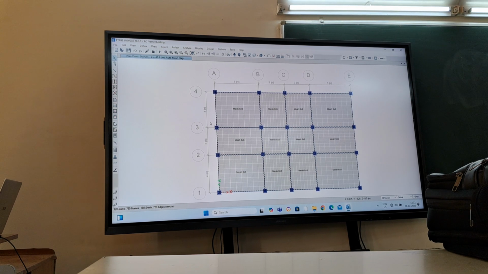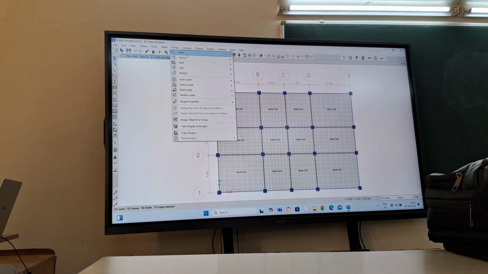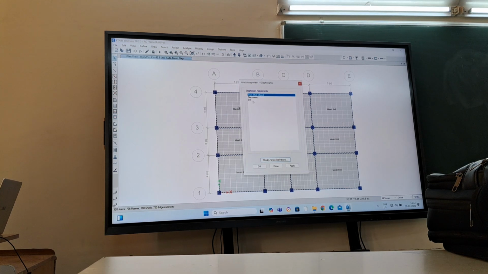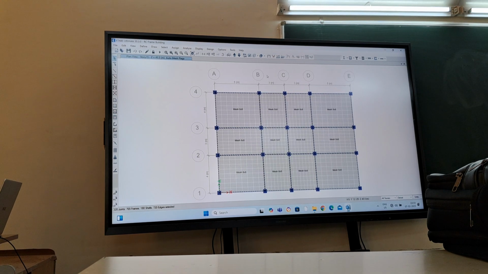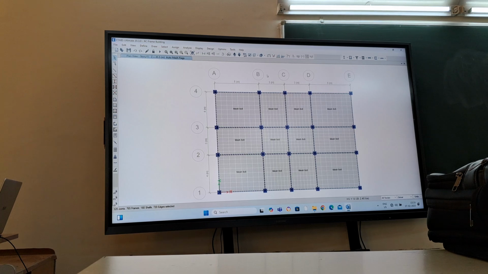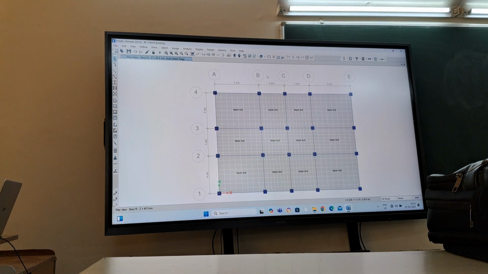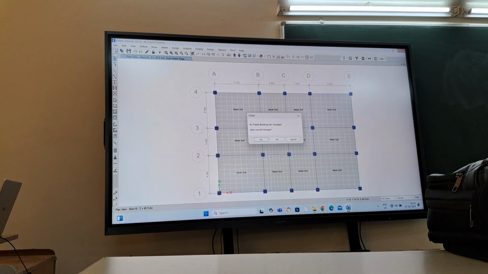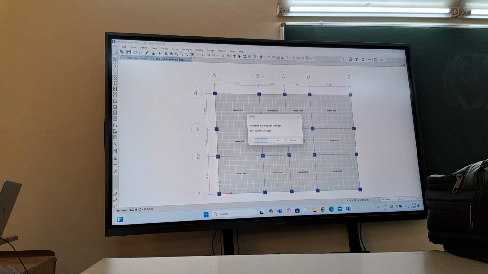Normally we do the joint definition. Go to assign, then joint, then diaphragm. And here you select this. We have seen in the last class. Clear? So this is something different what you have to do when you are dealing with this shell element. Now let us go back to our model. We will work on that.